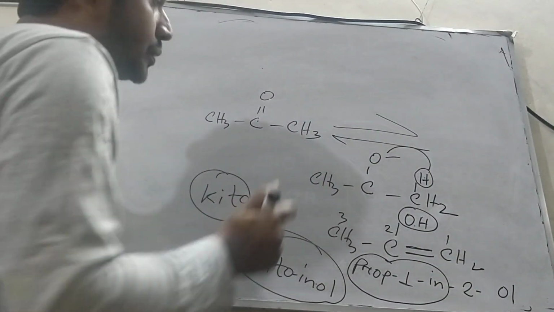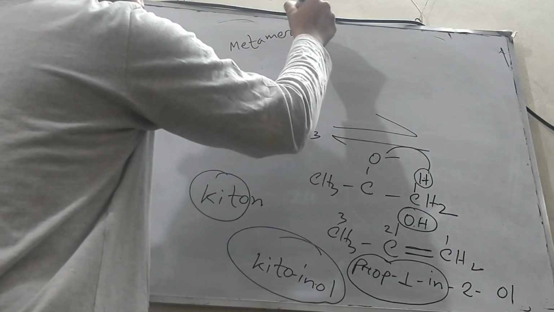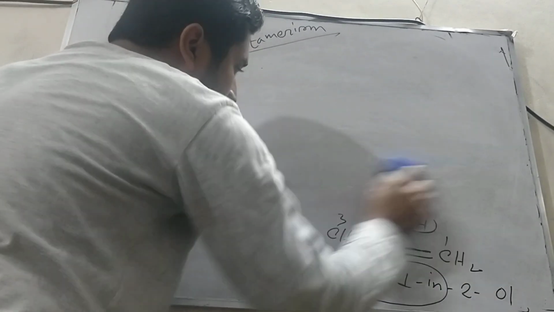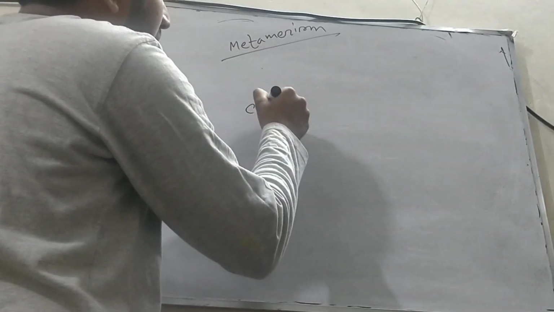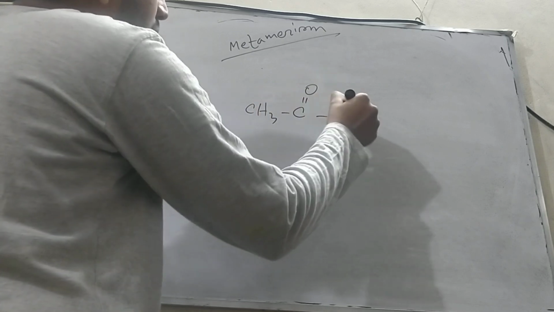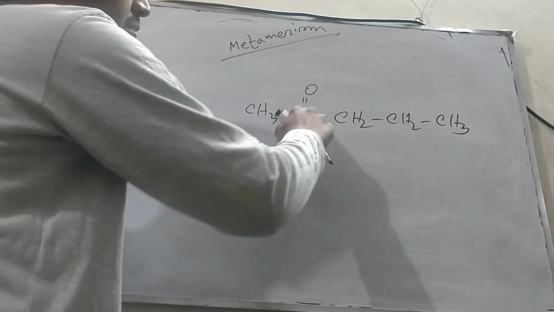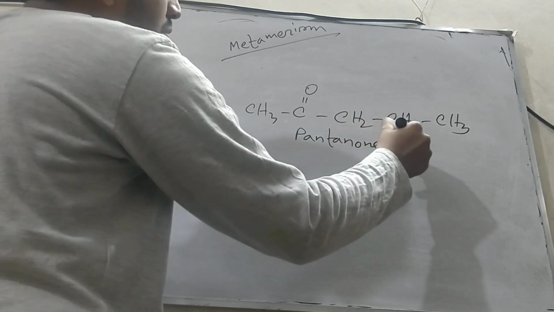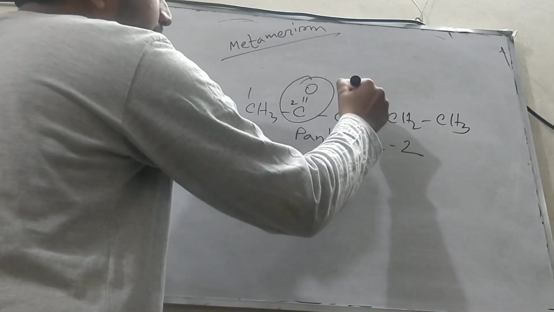The next one and the last one, metamerism. Metamerism depends on a divalent group, such as CH3, C double bond O, CH2, CH2, CH3. It's called pentanone 2, because the ketone is situated in number 2 carbon.